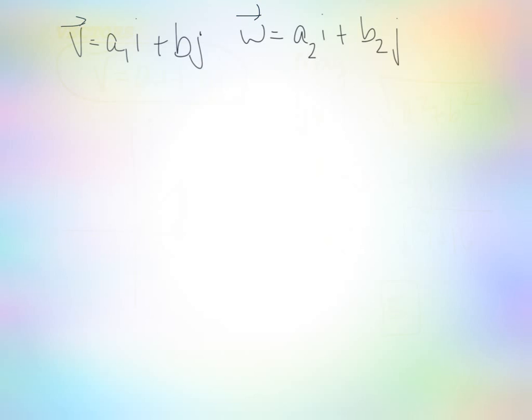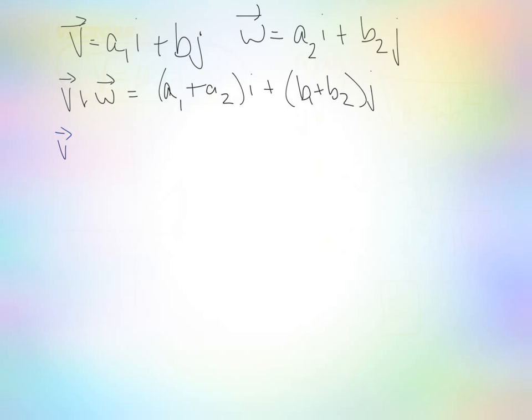If you want to add those vectors, you do v plus w equals (a1 plus a2)i plus (b1 plus b2)j. And if you wanted to subtract them, vector v minus vector w, it would be (a1 minus a2)i plus (b1 minus b2)j.